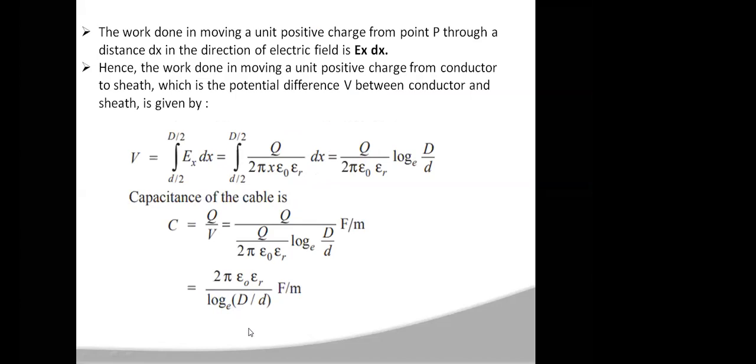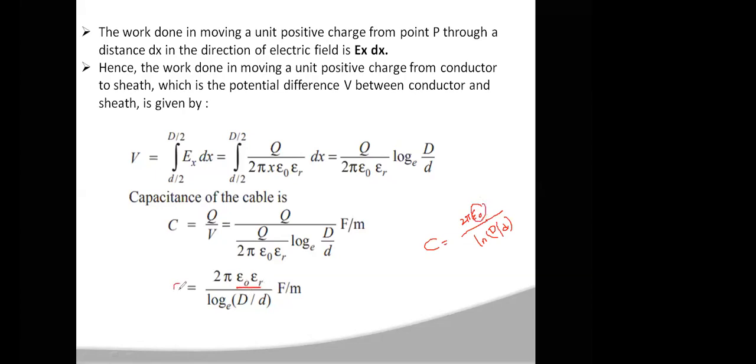In the first unit also we calculated C with the same expression, 2 pi epsilon naught by ln capital D by small d, for an overhead transmission line. In place of epsilon here you will get epsilon naught epsilon r.